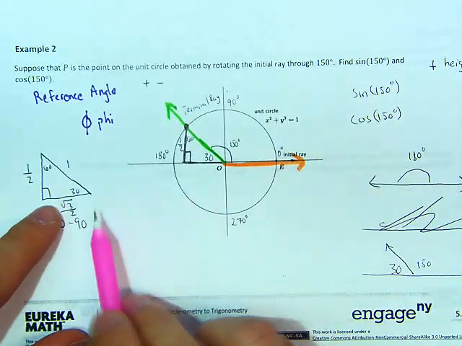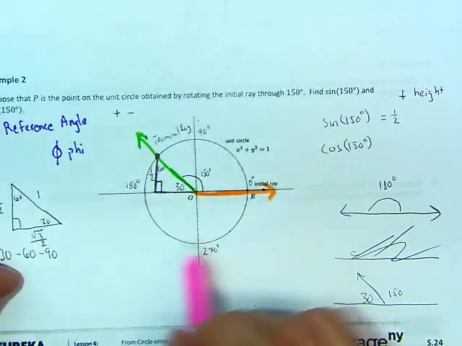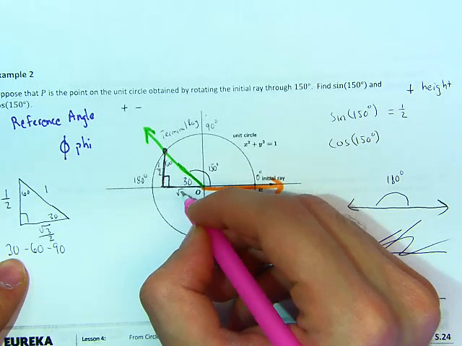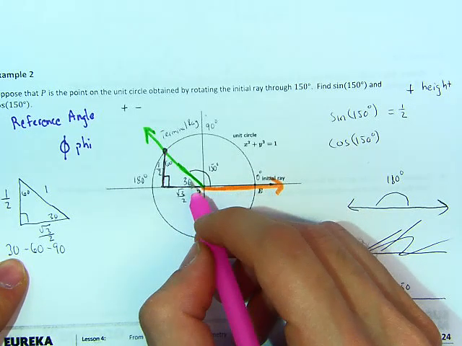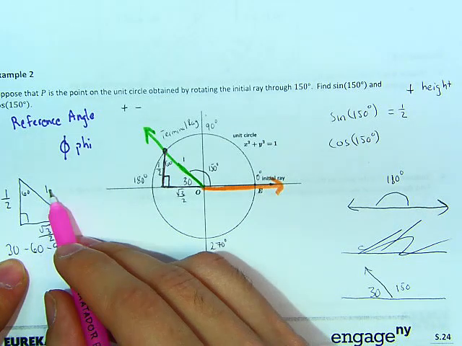So sine of 150 is equal to 1/2. And cosine of 150 will be what? It's adjacent over hypotenuse, which is square root of 3 over 2.